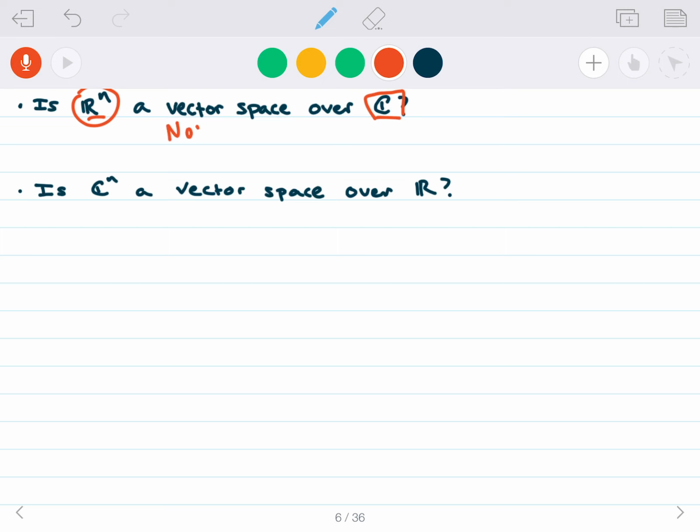So no. So not closed, not a vector space, first of all, because it's not closed under scalar multiplication, where our scalars are coming from C. And why is this? Consider the vector 1, 3. I'm just making up one in R.